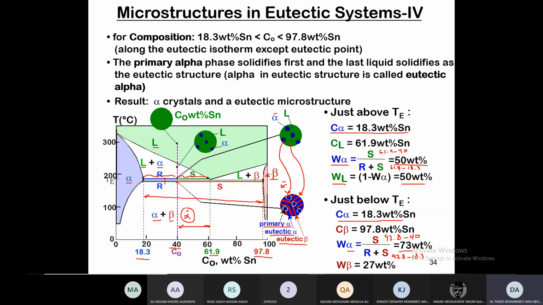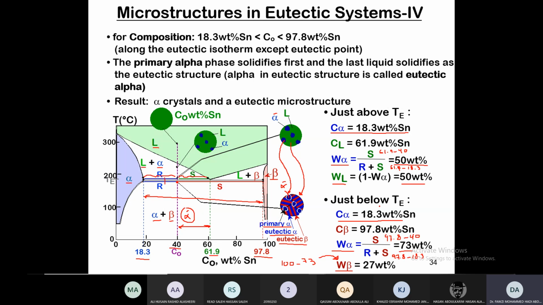If you want, this is the weight fraction of alpha. If you want the weight fraction of beta, you can just say 100 minus 73%, since you are talking about two phases here. 100 minus 73, you will get the beta that you have here.